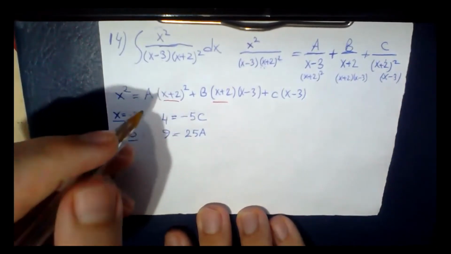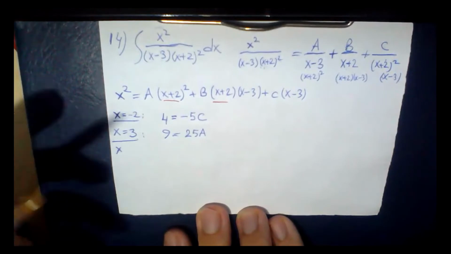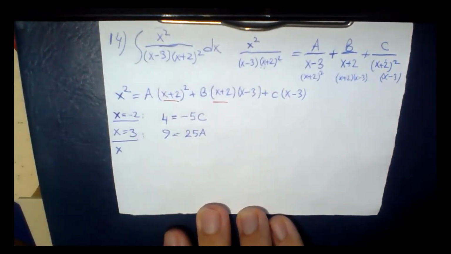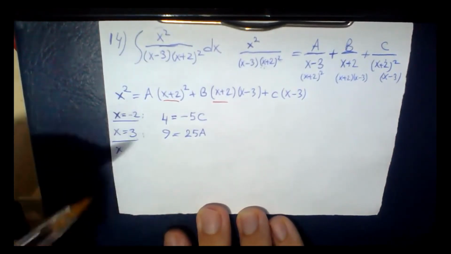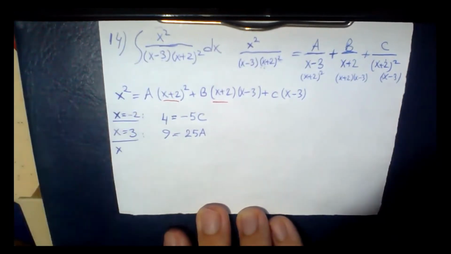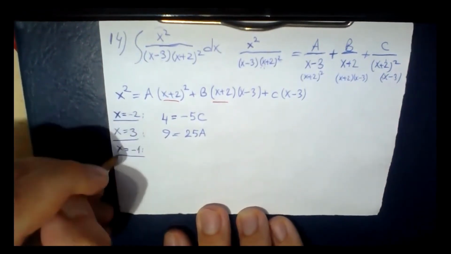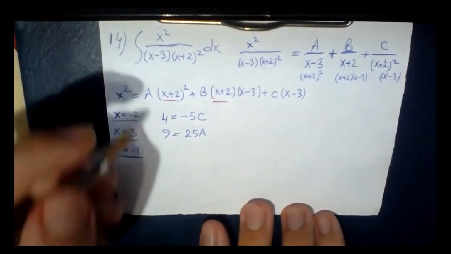To find b, we can let another value for x, but none of these terms will cancel. To make calculations easier, between minus 2 and plus 3, we can choose plus or minus 1. Let's choose x is equal to minus 1.